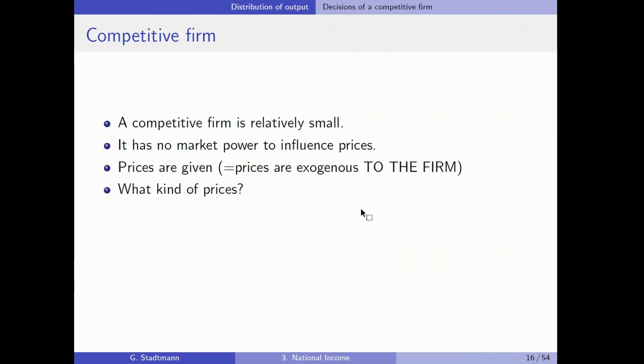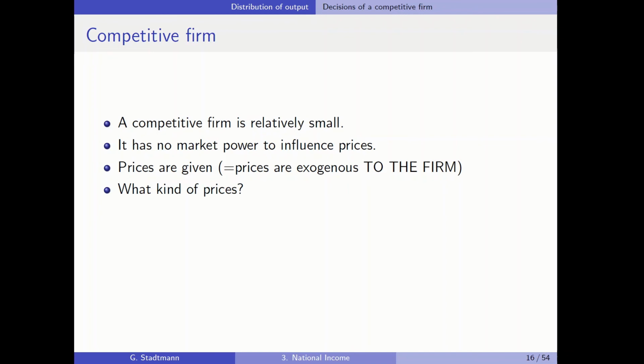Furthermore, the assumptions with respect to the firms are as follows. We are talking about a competitive firm, and a competitive firm is relatively small. It has no market power to influence prices. So from the perspective of the firm, the prices are given. The prices are exogenous to the firm.